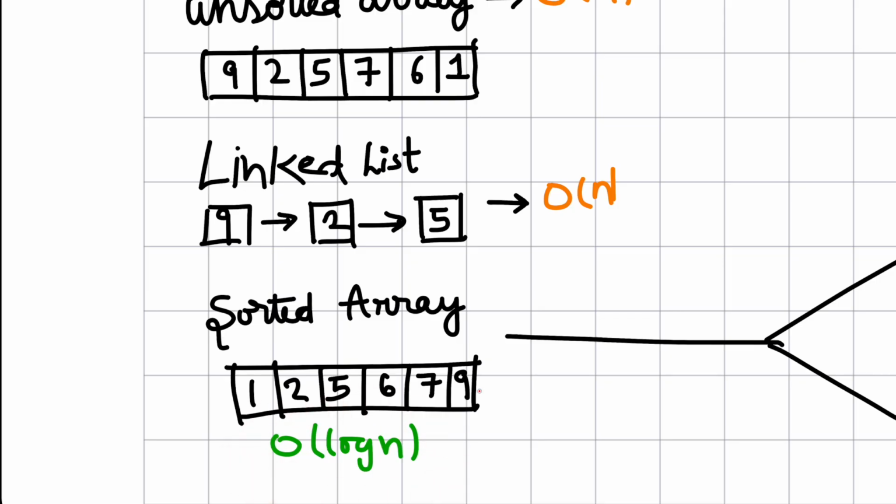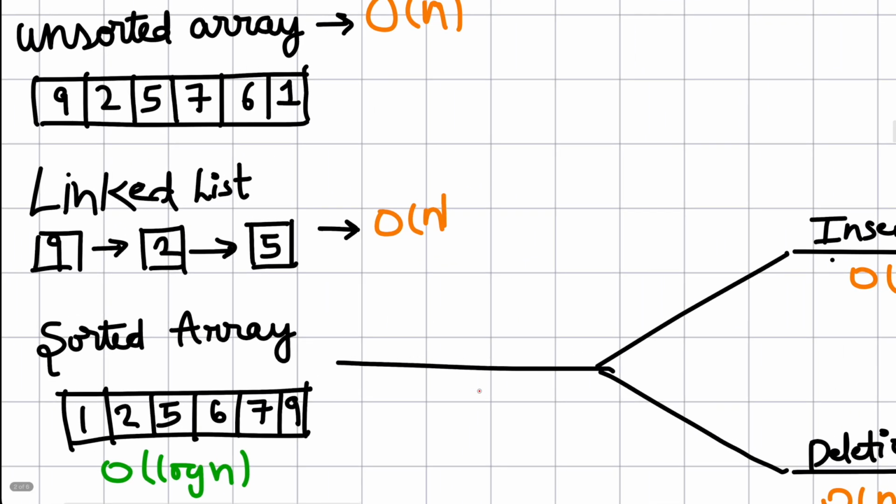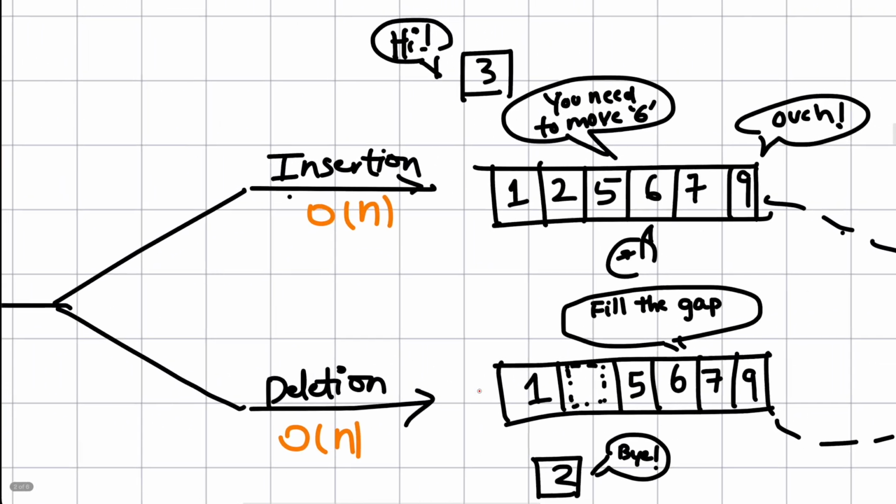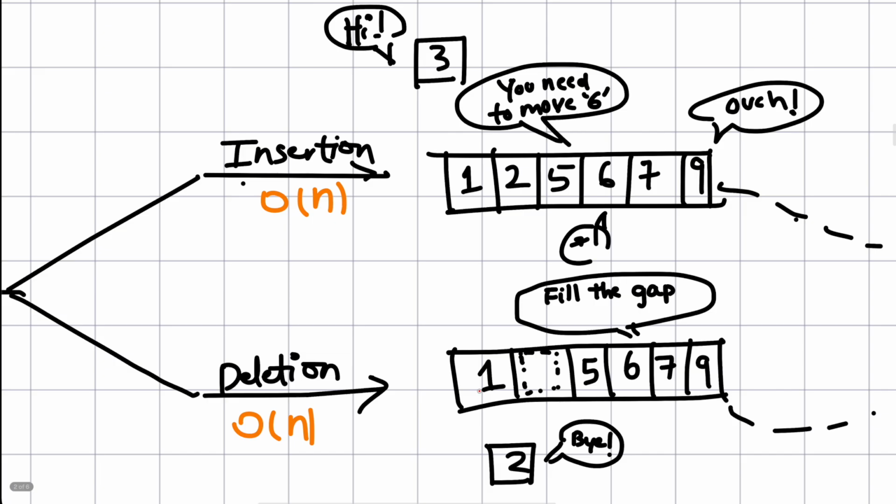But what's the problem? The important problem is that it comes with costly operations, which are insertion and deletion. If you want to insert an element into this sorted array, you have to find the right position and you have to move elements right of the index where it needs to be inserted by a block of 1.